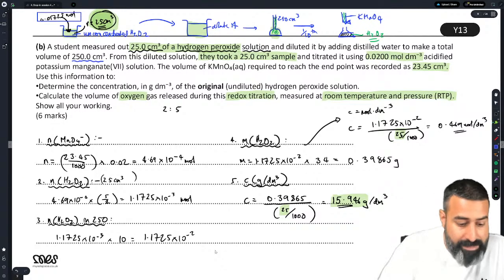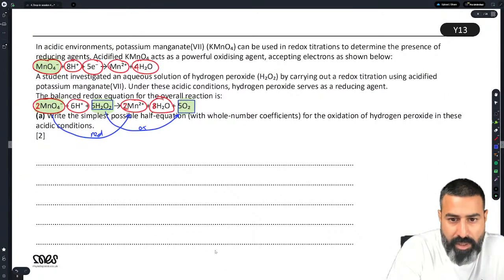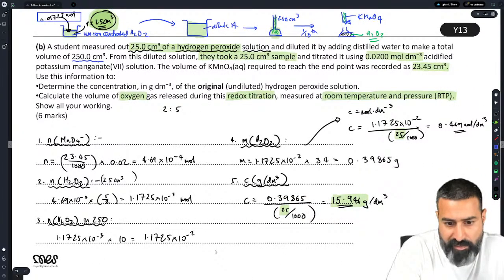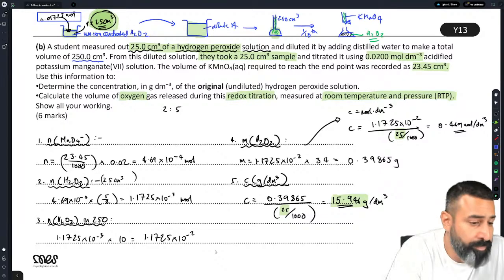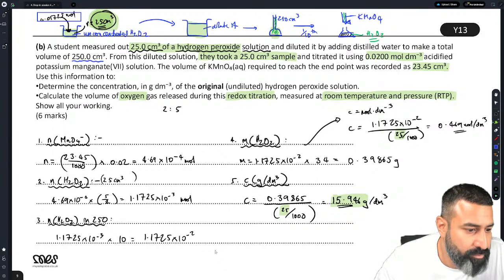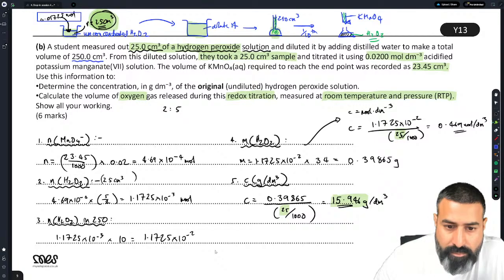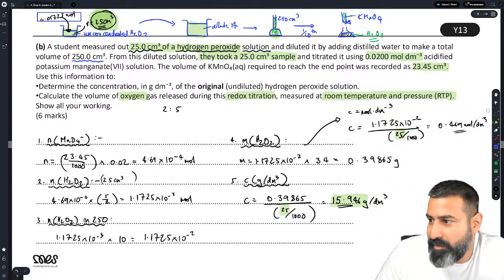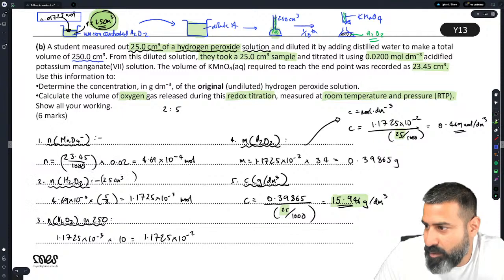So next I have to determine the volume of oxygen. Okay, so if I got the number of moles of, what do I have the number of moles of? H2O2. Cool. How do I work out the number of moles of O2 then? In fact, this is actually quite straightforward.